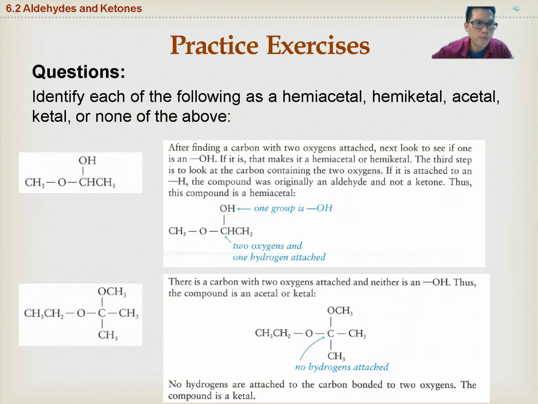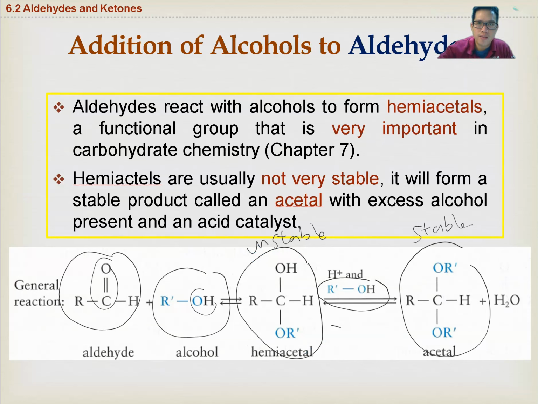It's very important for you to know how to practice to identify. For example, in these questions, we are looking at this and identifying this molecule, whether it is a hemiacetal, hemiketal, acetal, or ketal. So it's basically asking you to look at this, whether it is this one or this one.